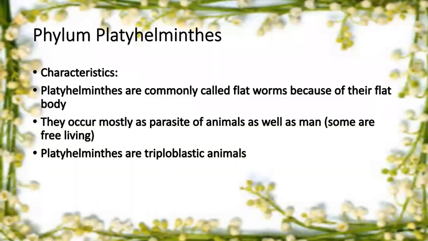Platyhelminths are triploblastic animals, because of the development of the middle layer of cells, the mesoderm, which is in between the ectoderm and the endoderm.